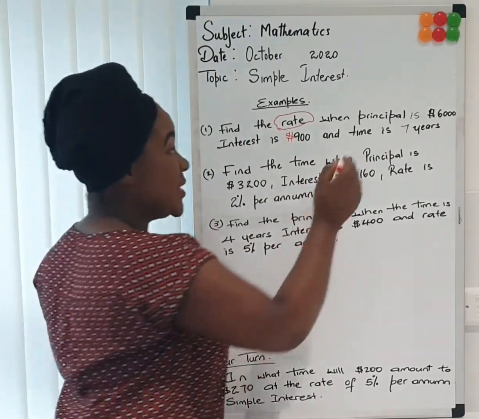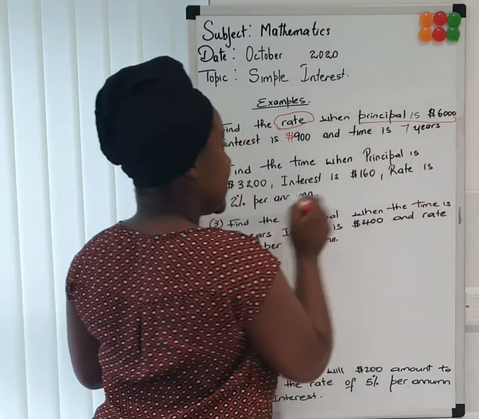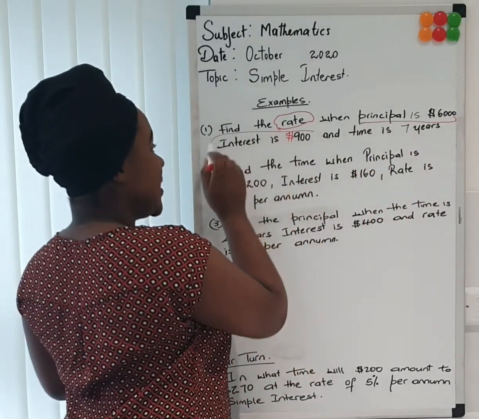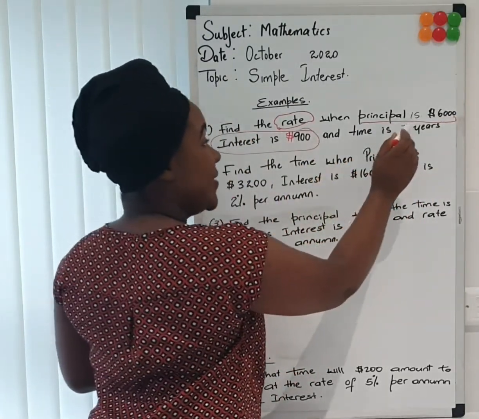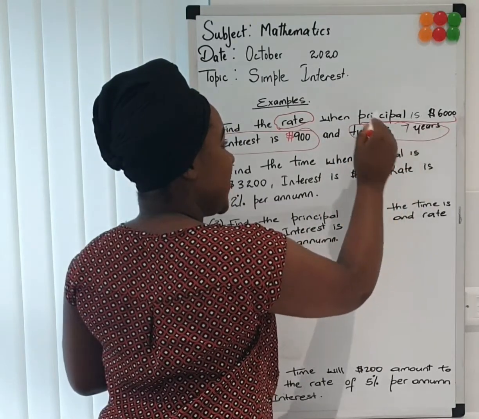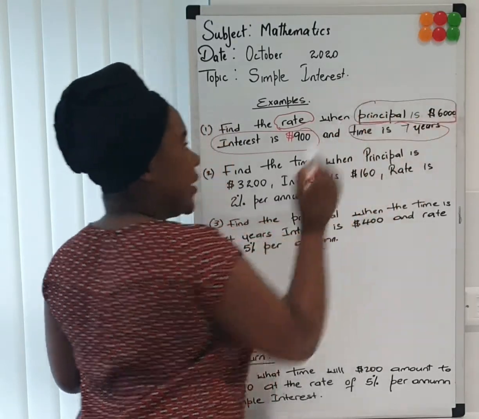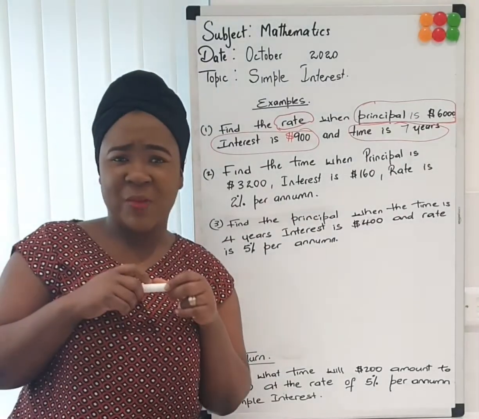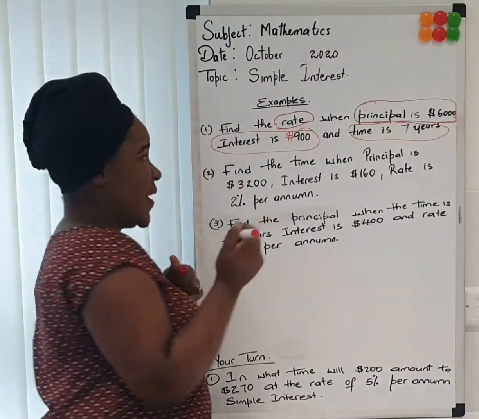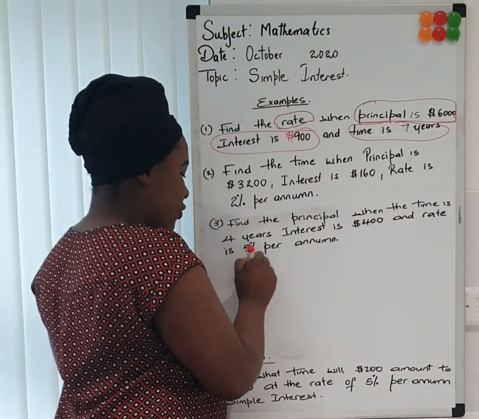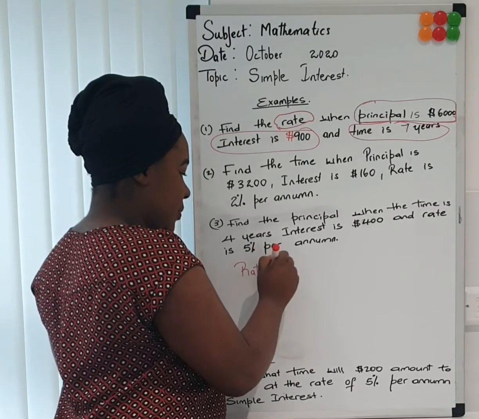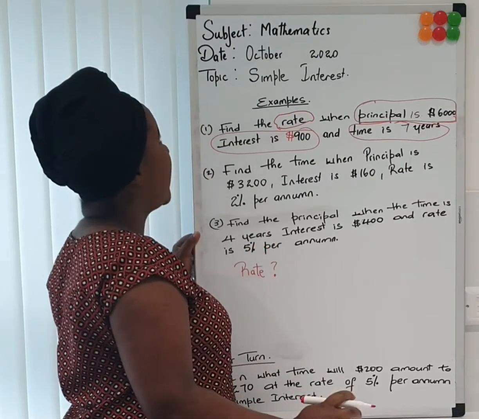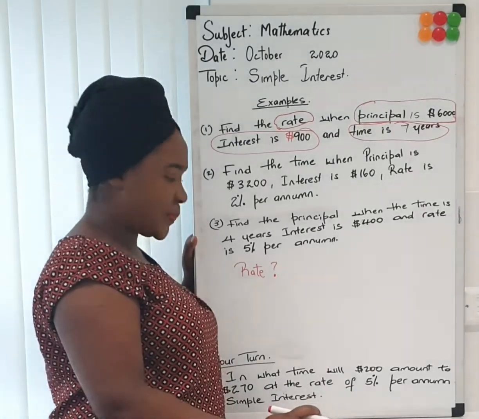They told us that the principal is 6,000, interest is 900, and the time is 7 years. So we've gotten all that information and are asked to find one thing, and that is the rate. So we're trying to figure out what the rate would be.